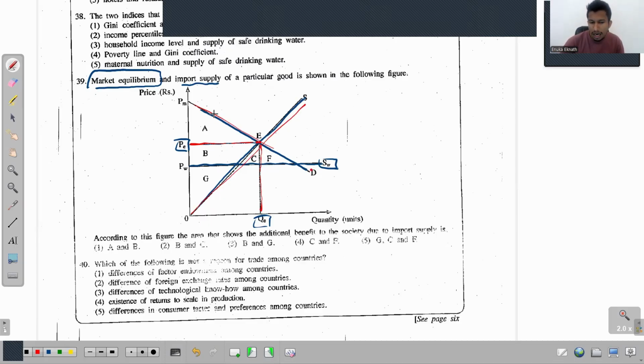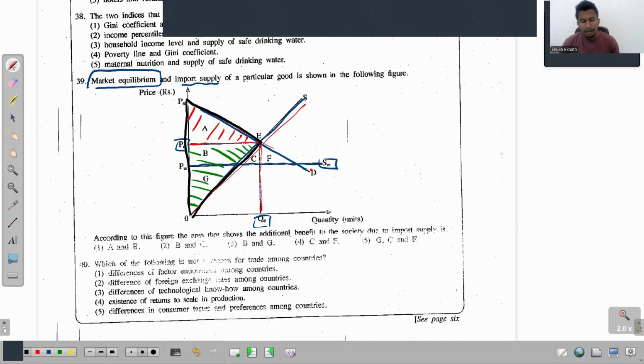Based on this demand and supply, we recognize this region to be the consumer surplus. And then we recognize this entire region to be the producers' surplus. This is what I wanted to highlight here. This part we recognize to be the economic surplus in the initial situation.